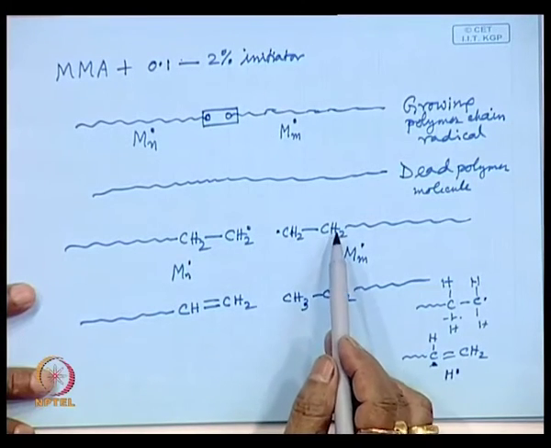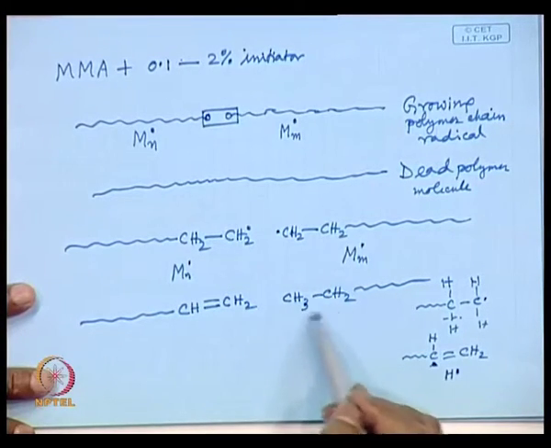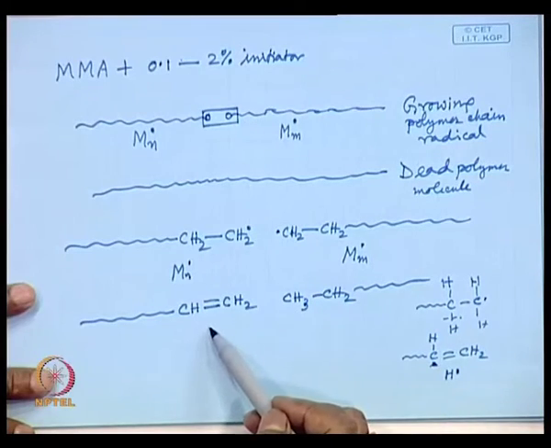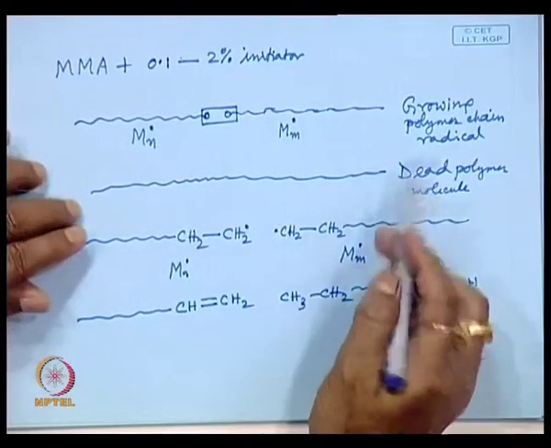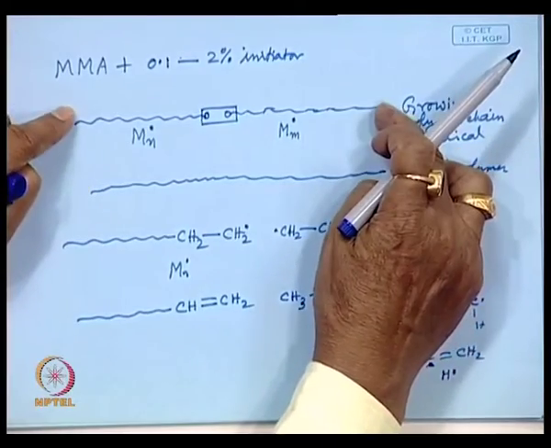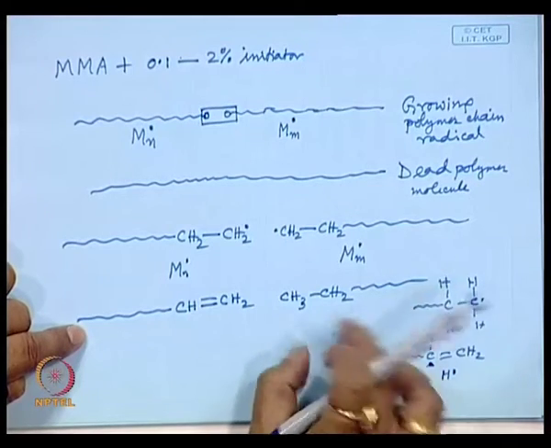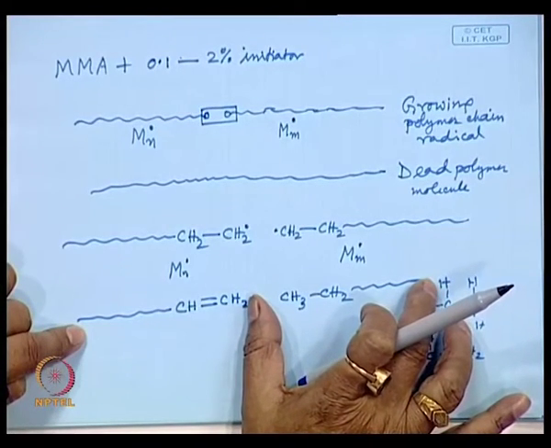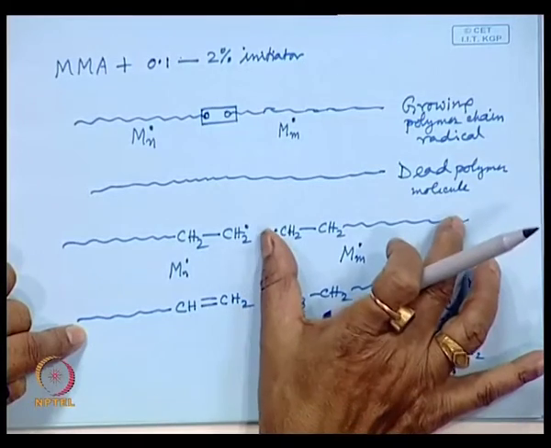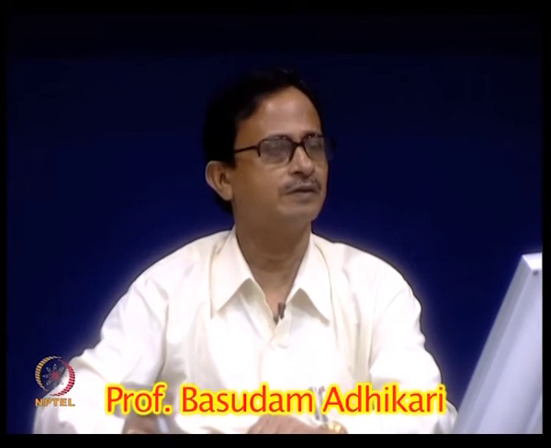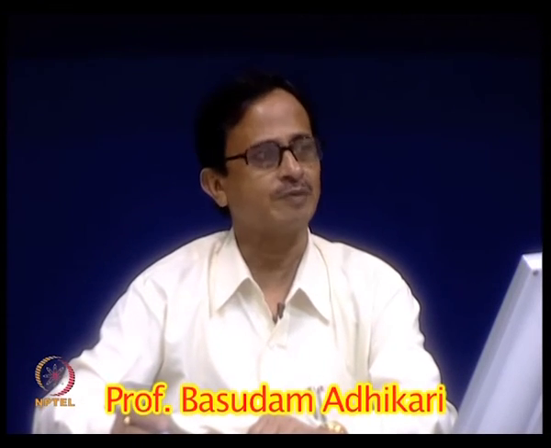Now, look at the peculiarity. In this case this species becomes saturated, and this species becomes unsaturated. Here the length becomes doubled if they are of the same size, whereas here the length of the polymer chain remains equal to the length of the growing chain. This is known as termination by disproportionation.